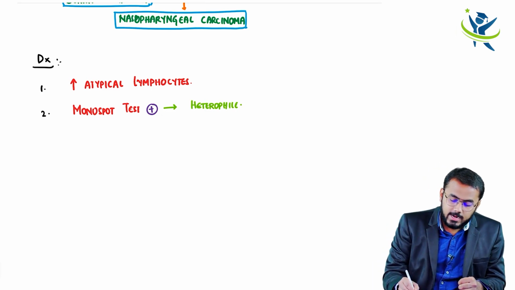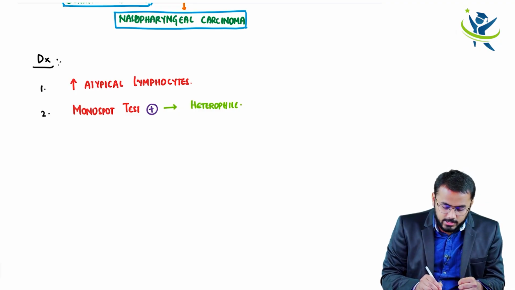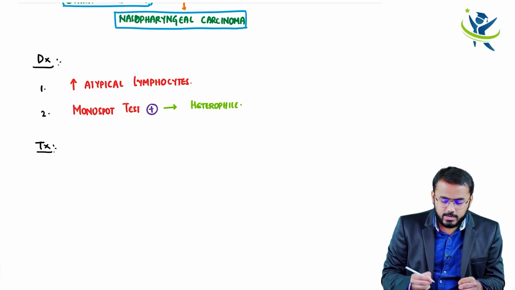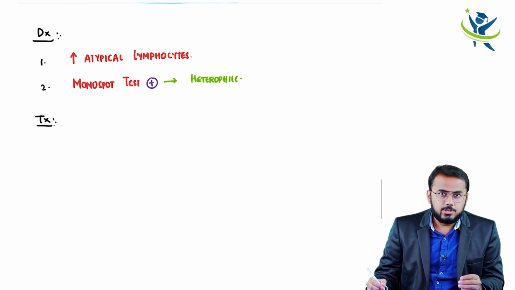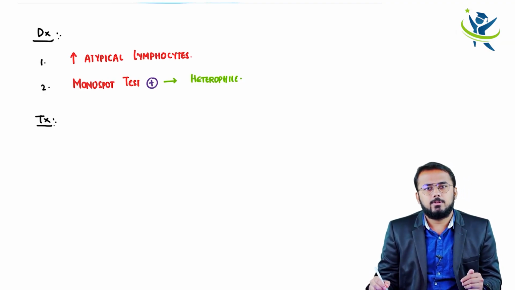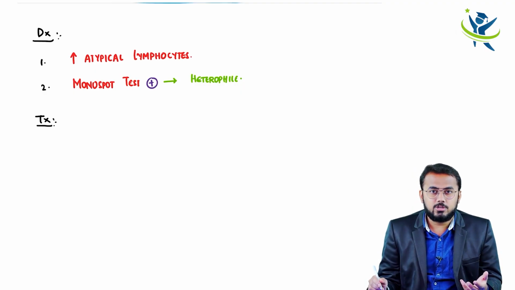Next, regarding the treatment, before I tell you the treatment, one very important complication you see in these EBV patients is that they are at high risk of spleen rupture.